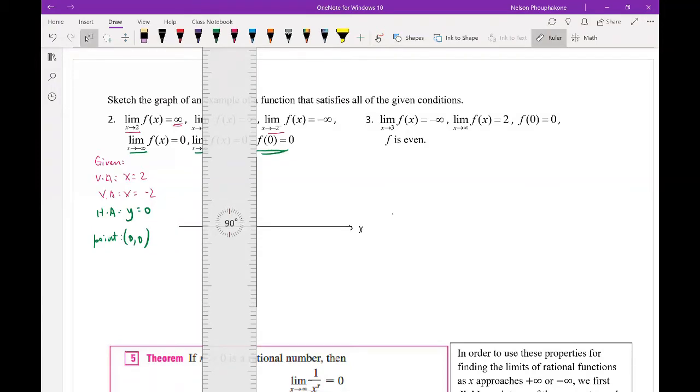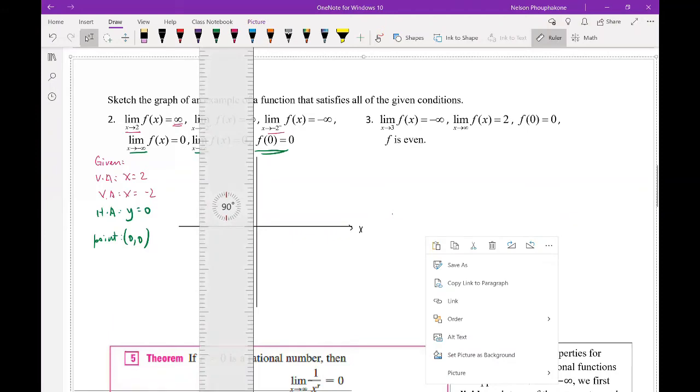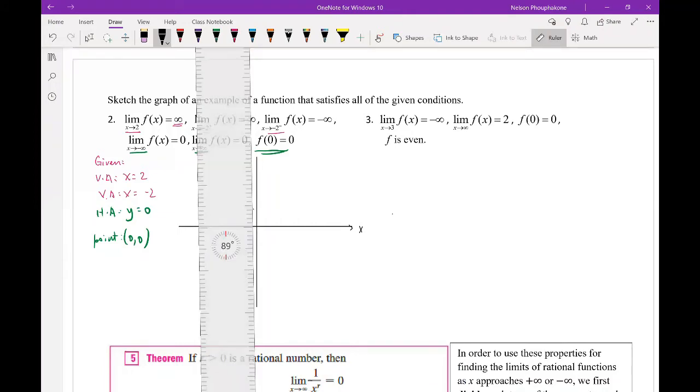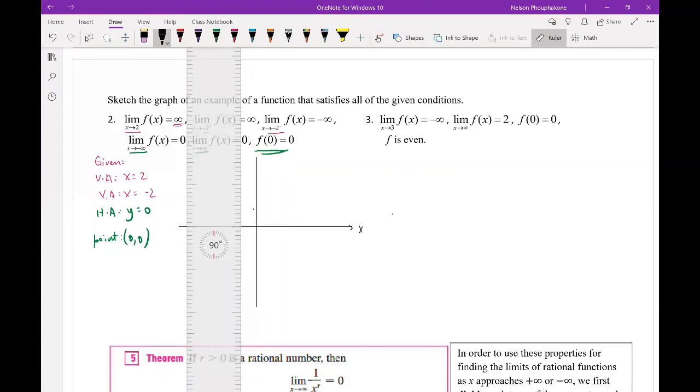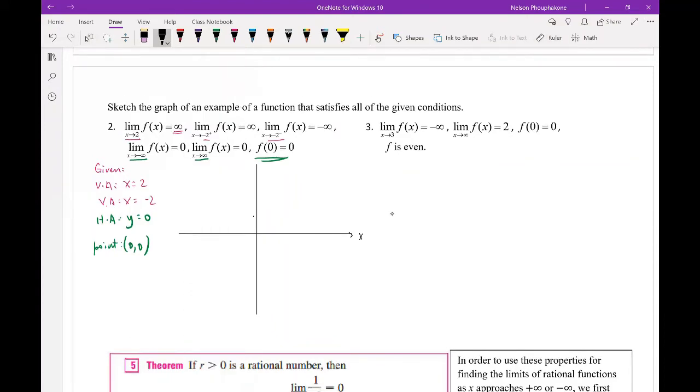And of course, we could put down some scale. Then have 1, 2, -1, -2.